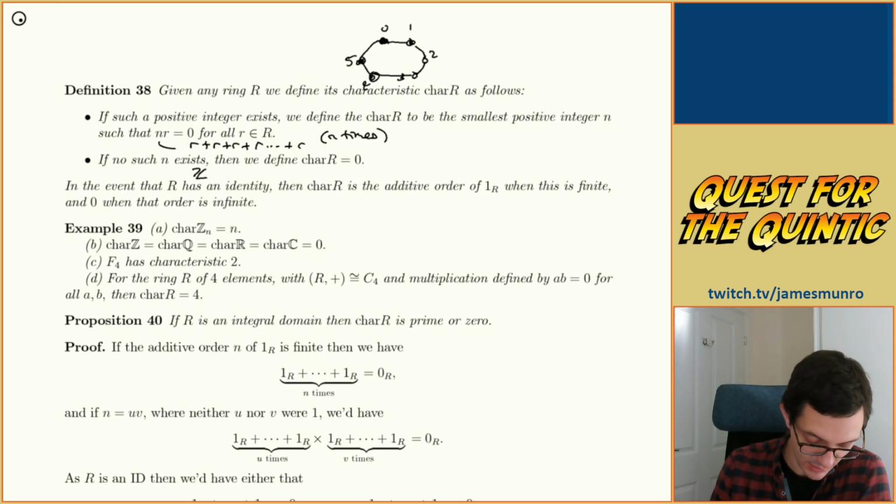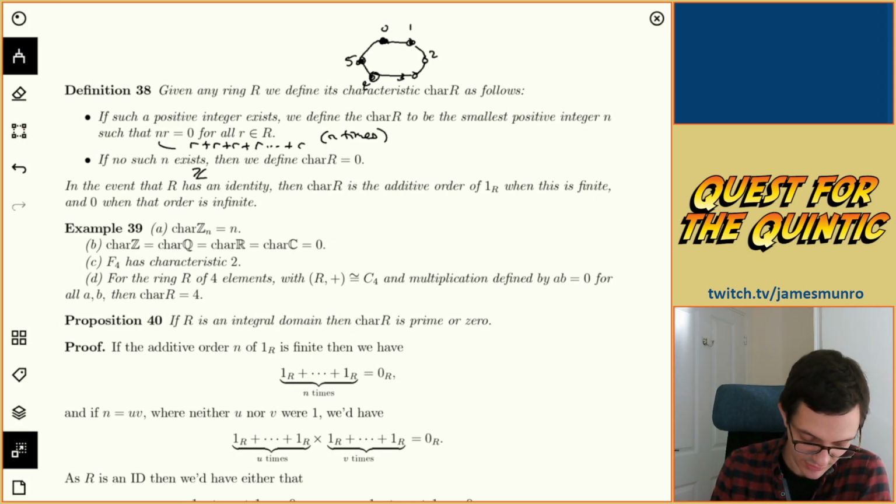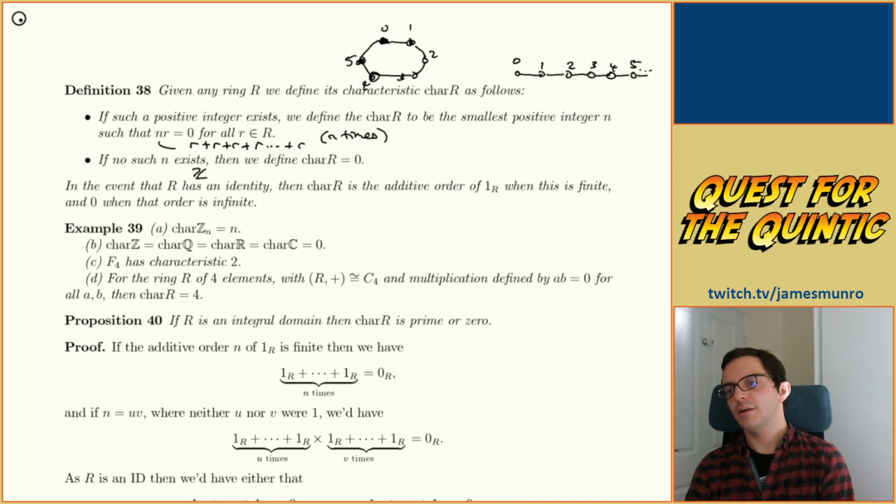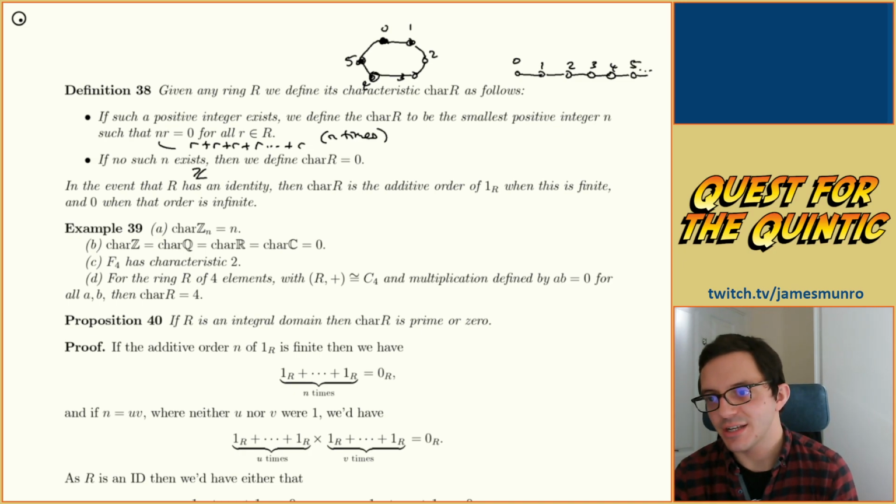Maybe you get back, in which case, fine. You've got a loop like this, or a ring, perhaps. Or maybe you don't get back. Maybe you're like the integers and you just keep going. There's now an attempt to draw the number line. So that's characteristic, I guess.